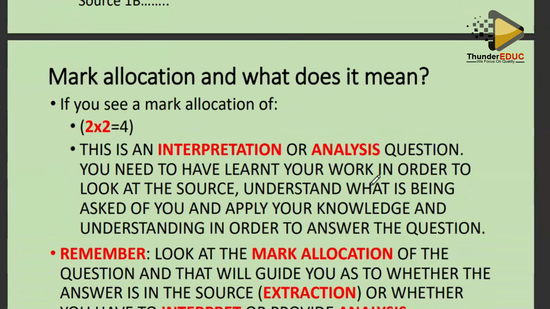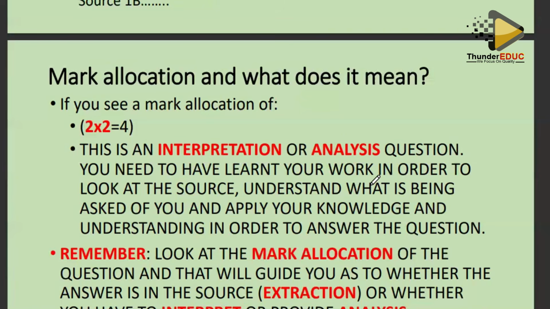Or you are doing an analysis question. You're analyzing the source. Is this source useful? It is to your discretion to determine if a source is reliable or not. Because you as a historian have gathered enough evidence from your studies. You are now qualified to judge or to analyze a source and say this source is not reliable and this source is reliable. You can figure out aspects of reliability and unreliability of sources, because you have learned the historical concepts and the information which is in line with a given historical event.